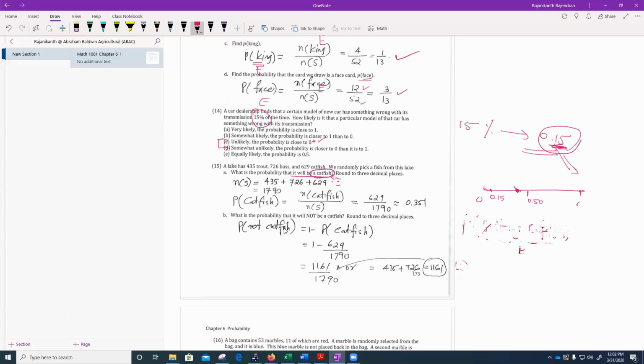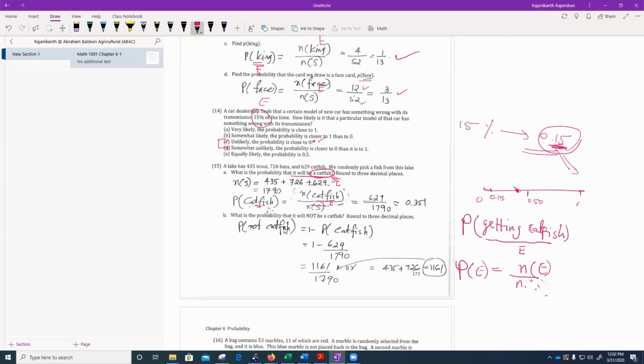So this is my event now, E. So the formula for the probability of E says what? That is probability of E equals n(E) over n(S). So that is what I have written here. This is my event E. So the probability of getting catfish is n(catfish) over n(S). How many catfish are there? The number of catfish, there are 629 of them.